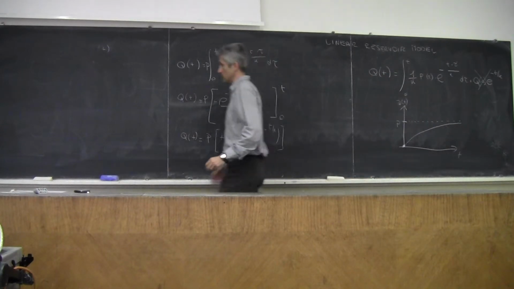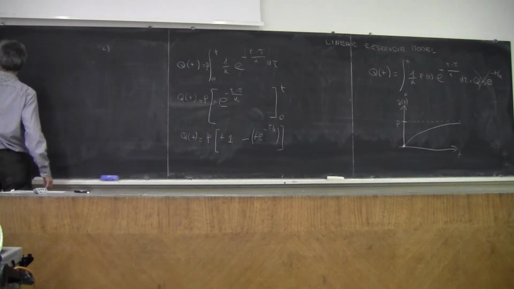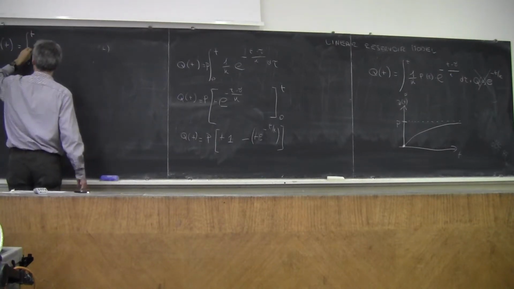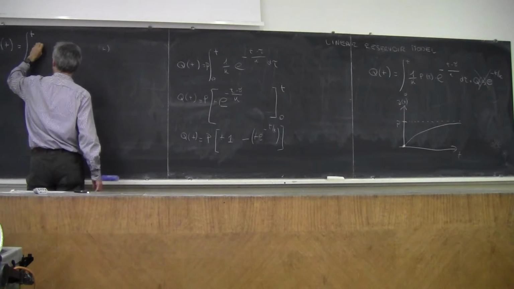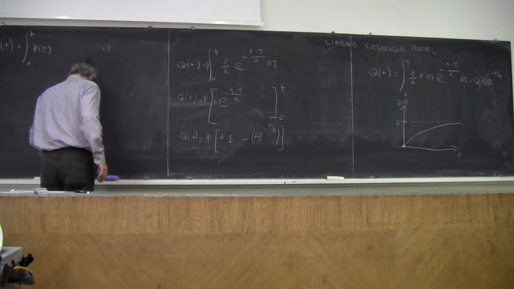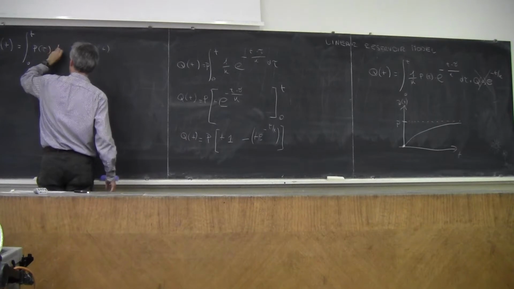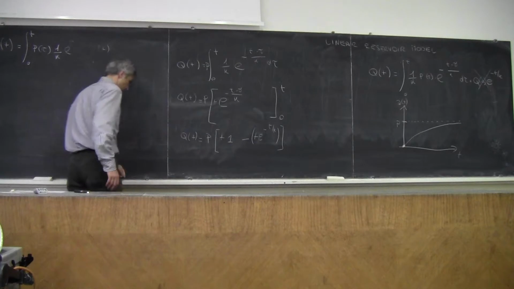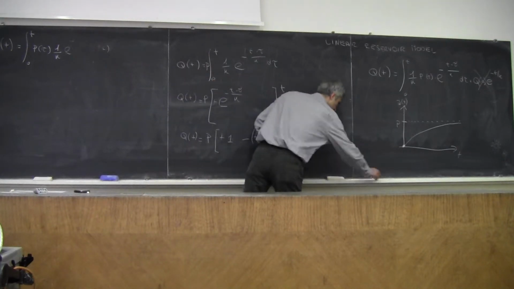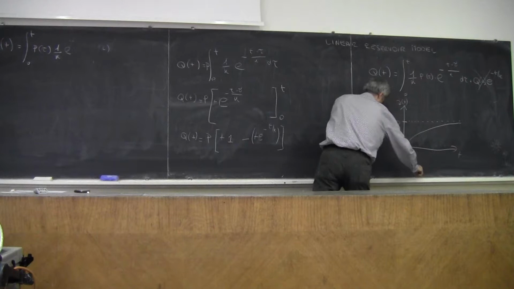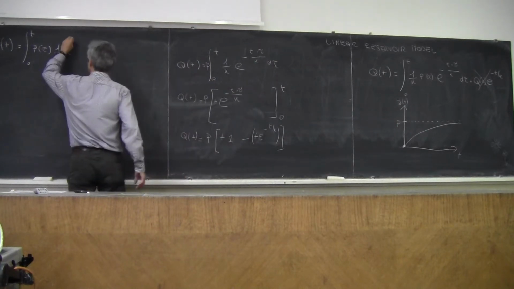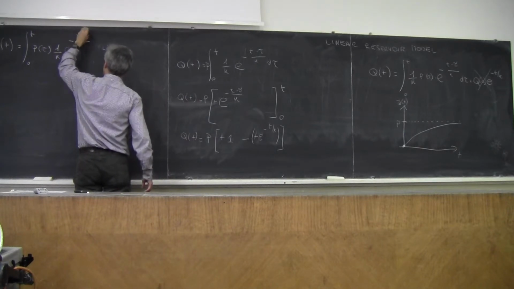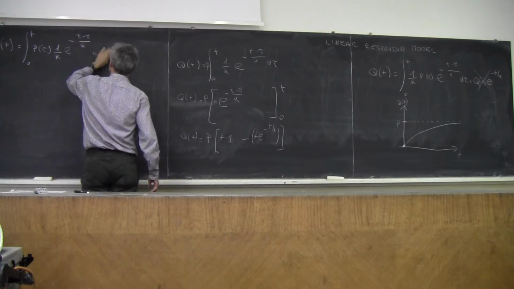So it's Qt is equal to the integral between 0 and t of P tau, 1 over k, e to the power minus t minus tau over k, d tau.